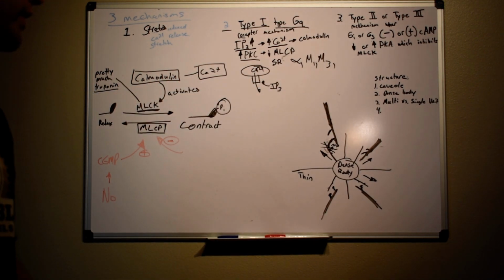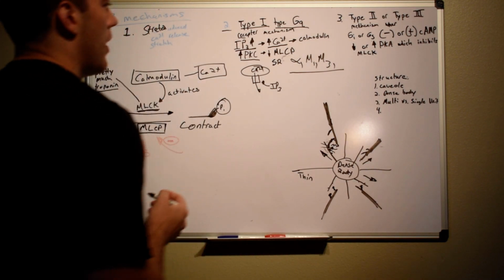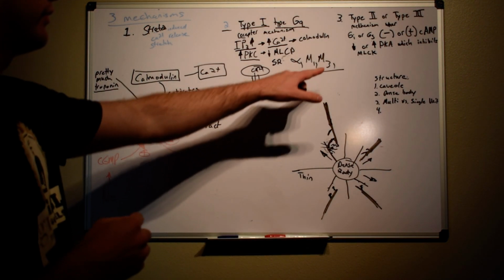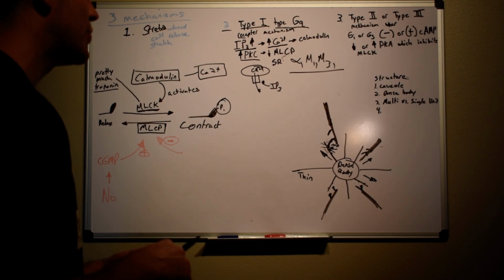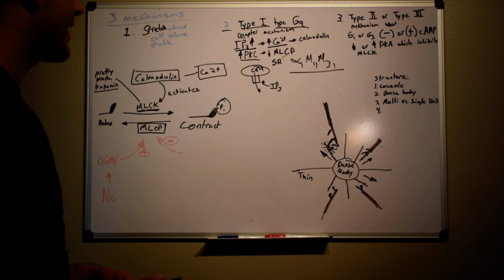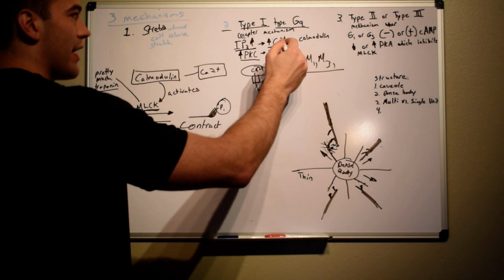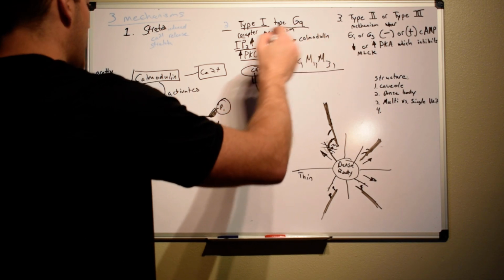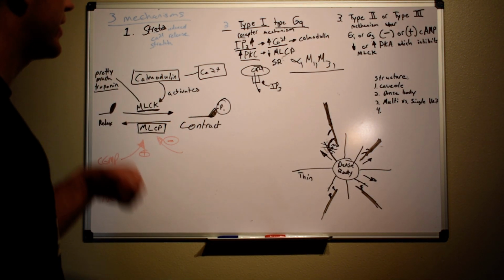Because M3 makes you pee, which should basically become my slogan by now. This M3, I said, was going to induce smooth muscle contraction. And it did that by increasing IP3 and thus increasing calcium, which allowed calmodulin to activate the myosin light chain kinase.